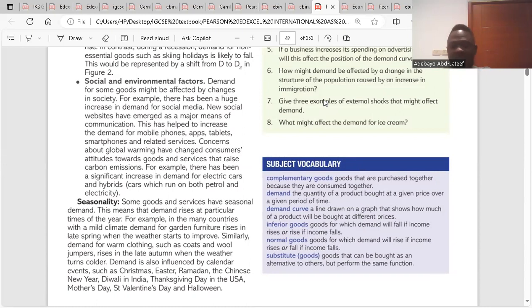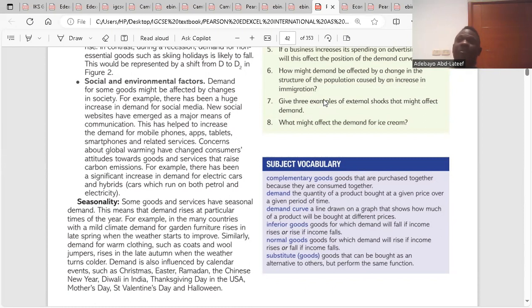So for social and environmental factors, we're talking about changes in society. The world we are in nowadays is the world of social media. So businesses start putting everything into social media because this is the latest; this is what everybody is buying.